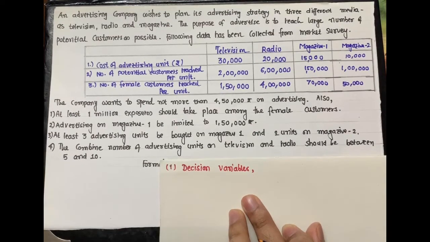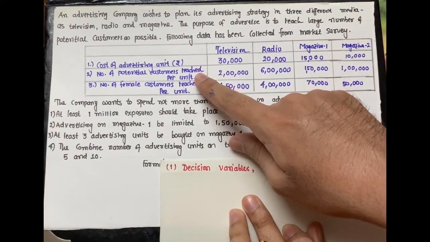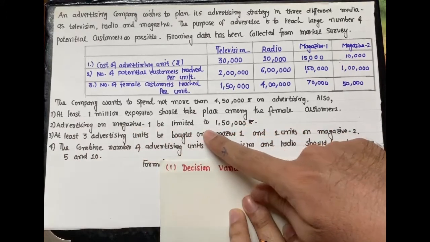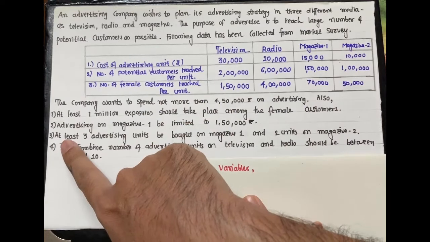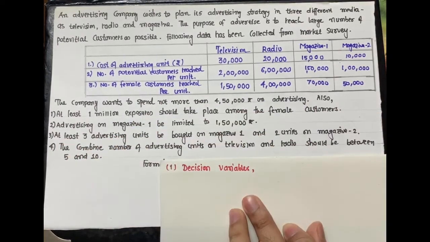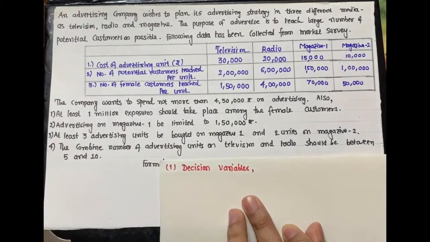Okay, but suppose if I take cost of advertising as my decision variable, so here one of the constraints states that advertising on magazine 1 be limited to 1,50,000. Likewise, also one constraint is mentioned here that at least 3 advertising unit be bought on magazine 1. So if I am taking a cost as a decision variable, it cannot justify this third constraint, because here it is mentioned in units.